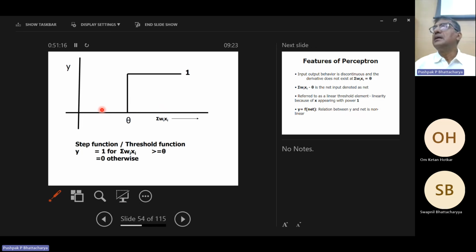What is the practical situation for this? Let's say a loan application has been given to a bank, or a visa application has been given to the embassy. And we have to decide if this application can be given a visa or not. So it's a classification question: visa granted or not granted. I represent the visa application by means of a vector where the components are income of the person, previous travel history, education, and so on.